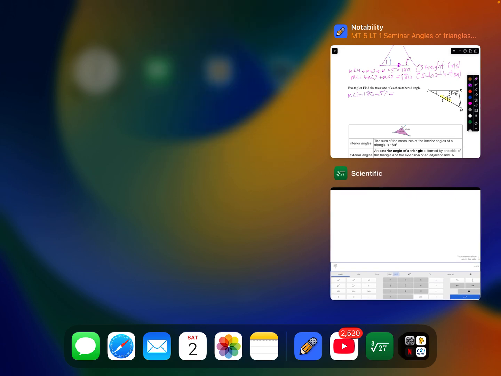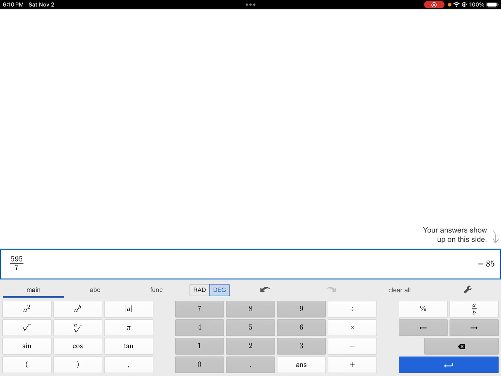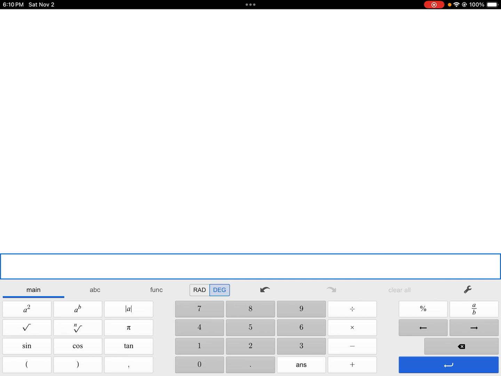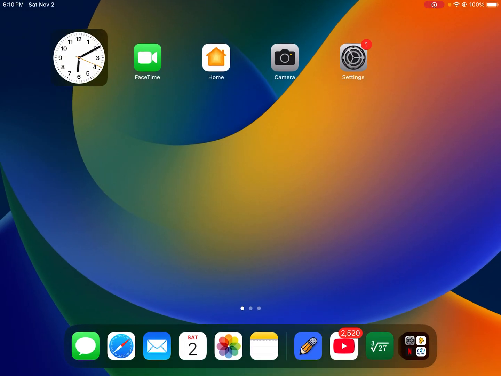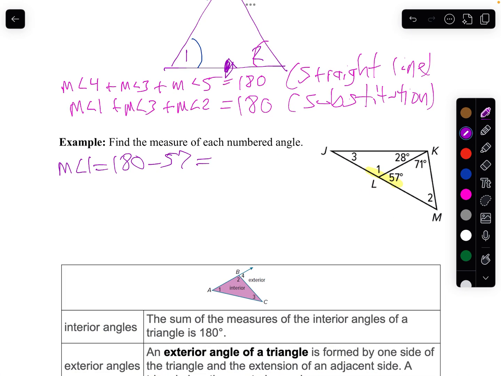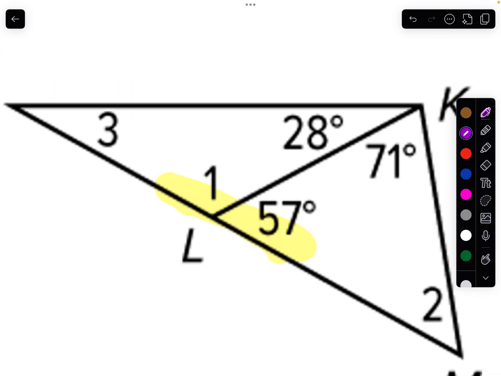Let's take 180 minus 57, and we get 123. So I know the measure of angle 1 is 123 degrees. I think I'm going to put that in my picture right here. So I know this is 123 degrees.